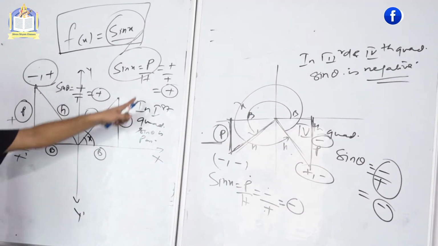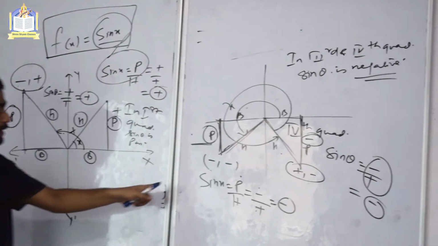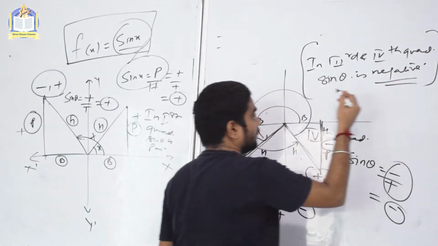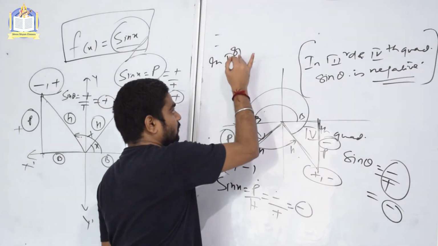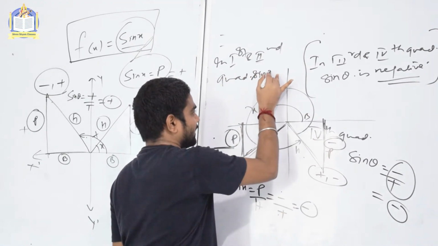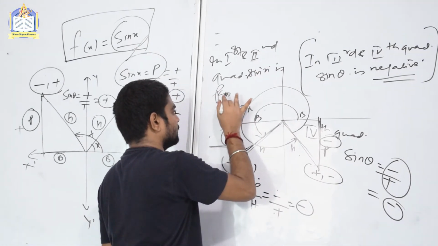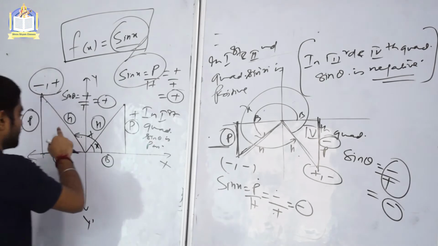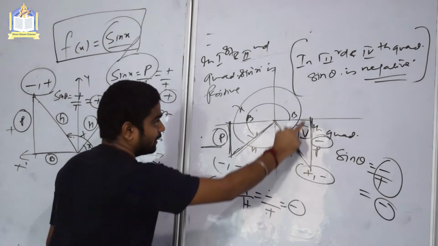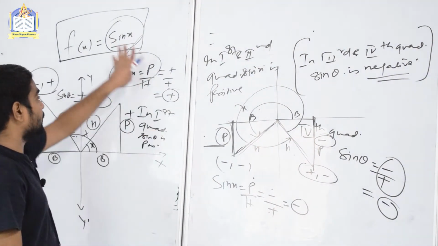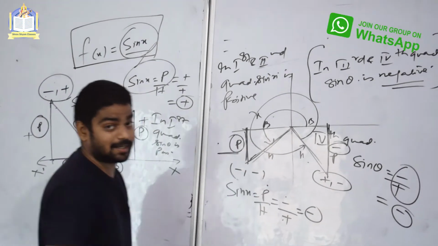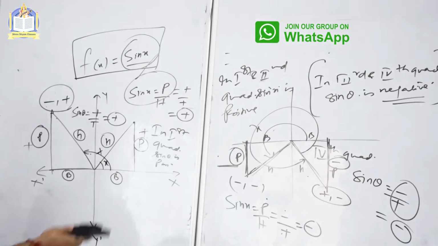In the first and second quadrant, sin x is positive, and in the third and fourth quadrant, sin theta is negative. So this is the concept of sin x in the quadrant system. By using this concept, we shall be dealing with some questions, right?